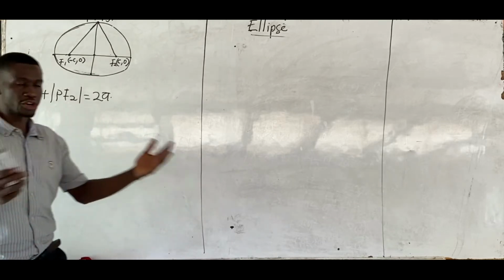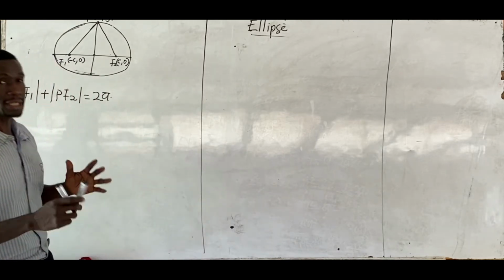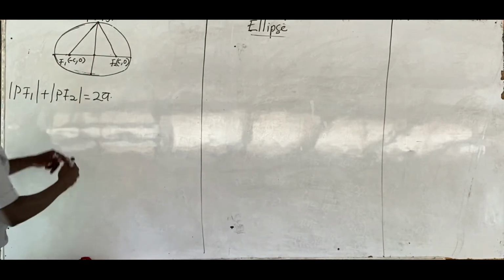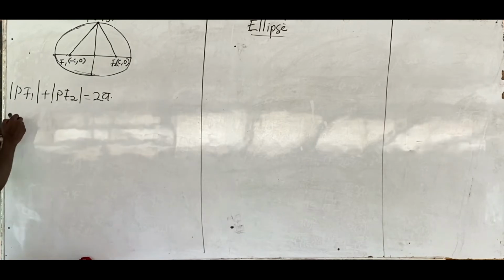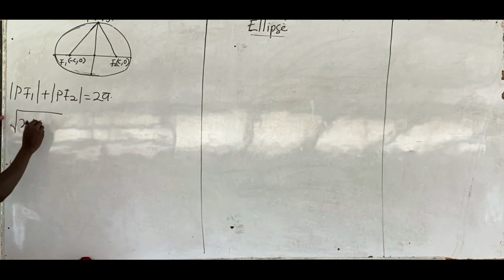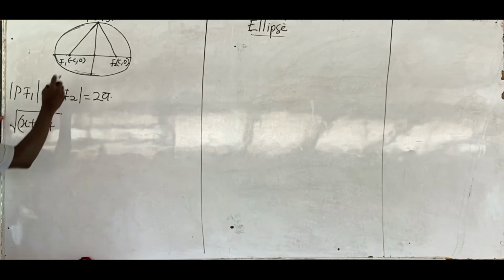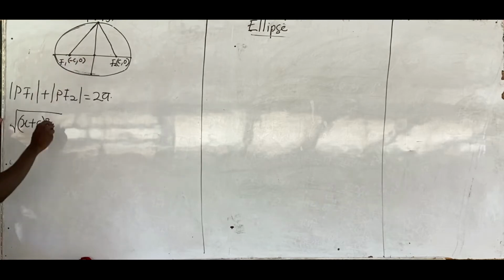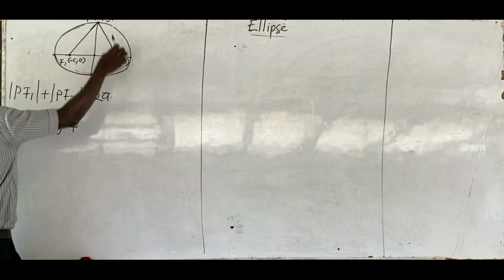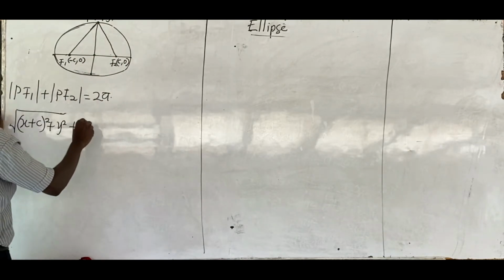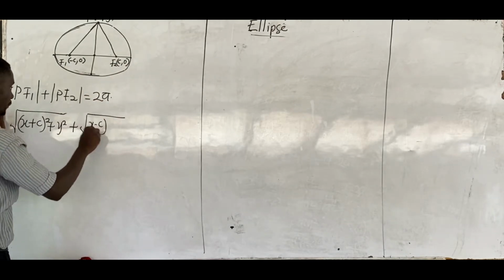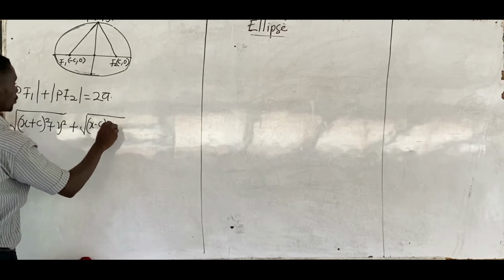Now, how do you derive the general formula for an ellipse? That is our focus. So with this, we use the distance formula for distance pf1, which will give the square root of x plus c squared plus y minus 0 all squared, which gives y squared, plus the distance pf2, which will be the square root of x minus c all squared plus y squared.